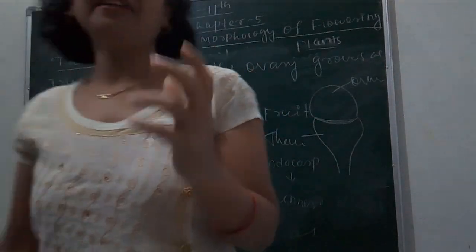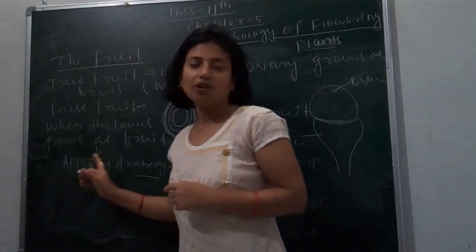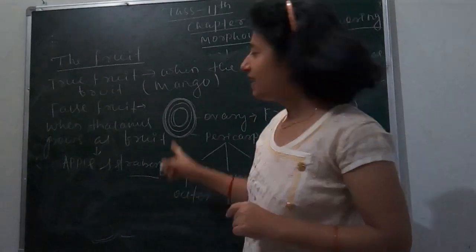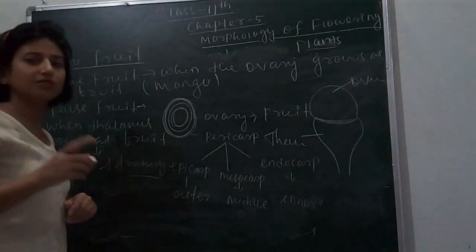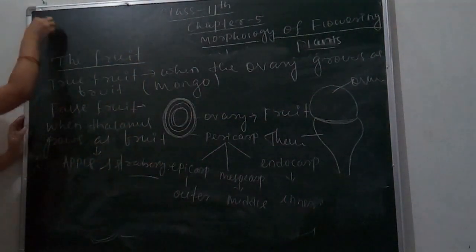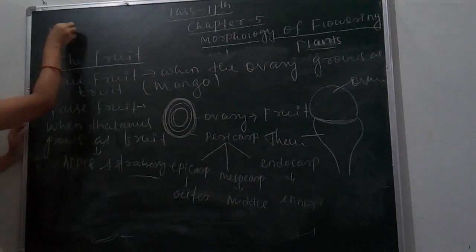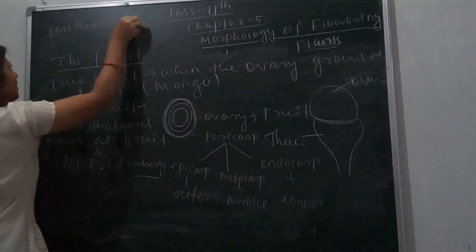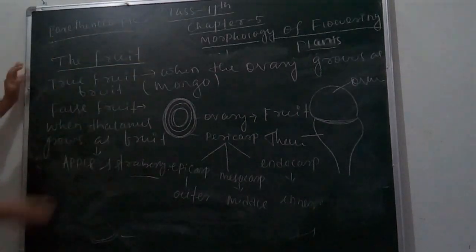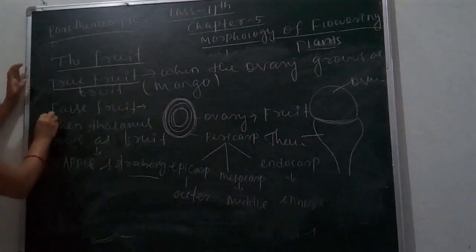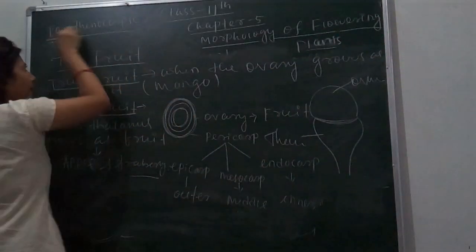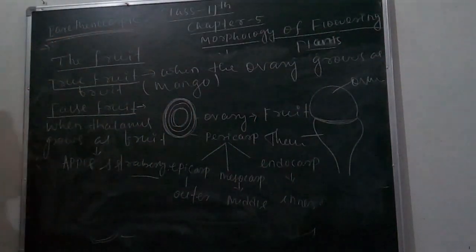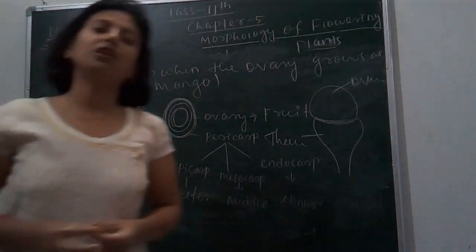Another type of fruit you should know about is parthenocarpic fruit. Here I have told you about true fruit, false fruit, and now parthenocarpic fruit. Parthenocarpic fruit means formation of fruit occurs without fertilization. You think fertilization will not occur, but still we get the fruit.